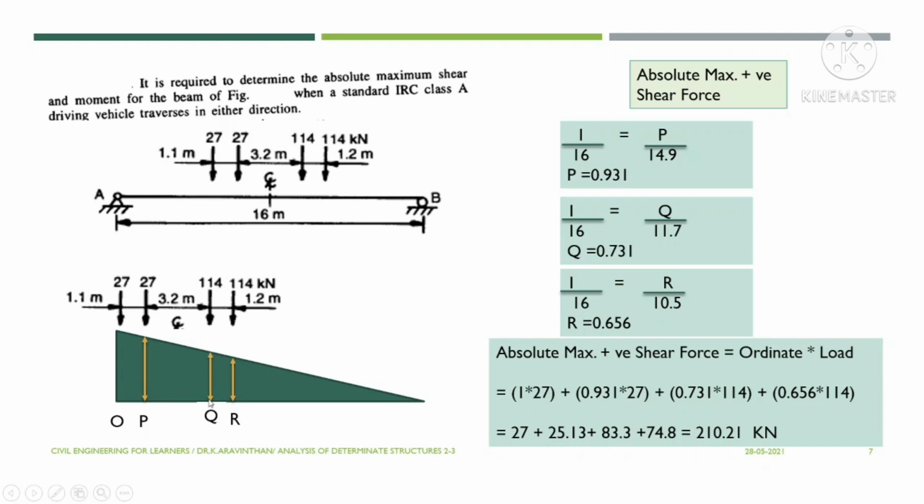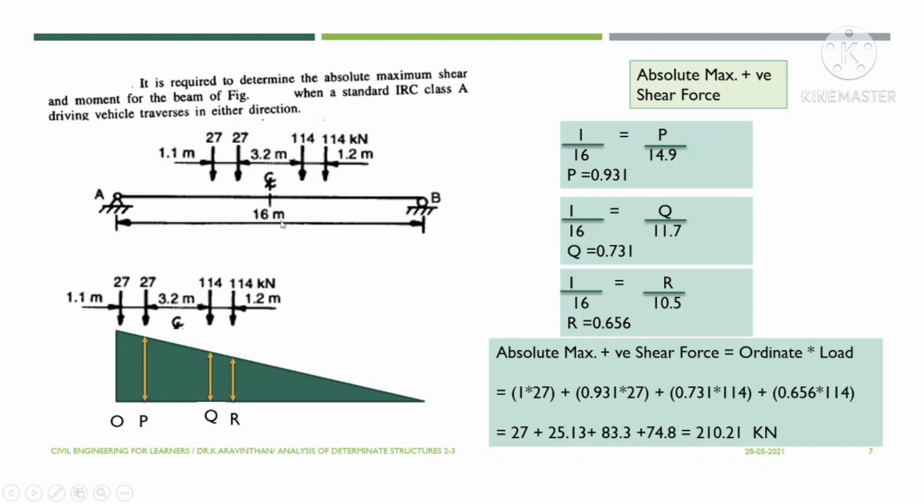Similarly, you can find the ordinate of Q and R. So Q distance will be, total is 16 minus 1.1 minus 3.2. So this is the distance, and you will be getting the value as 11.7, and for the same vertical and horizontal ratio, R will be at a distance of 1.1 plus 3.2 is 4.3 plus 1.2 is 5.5.